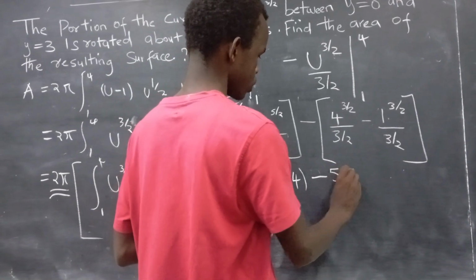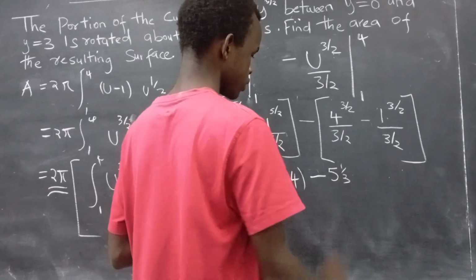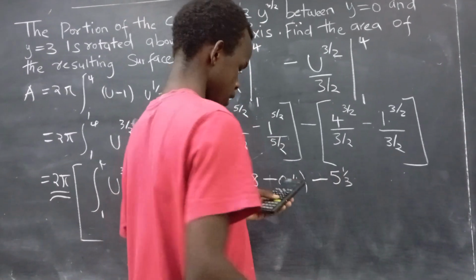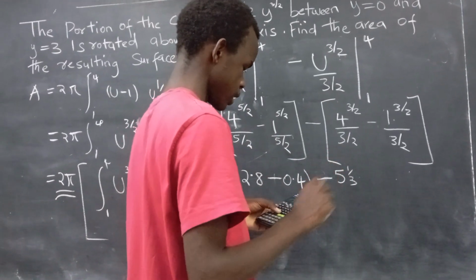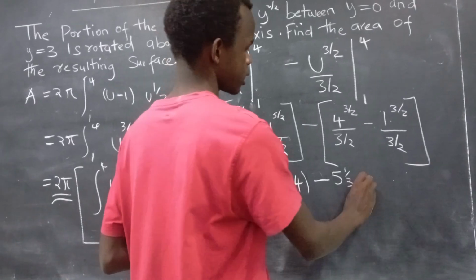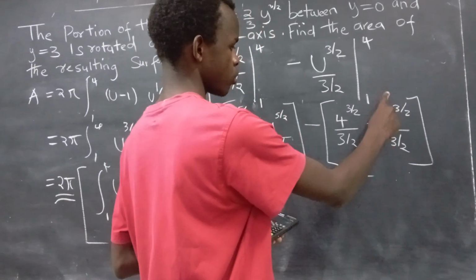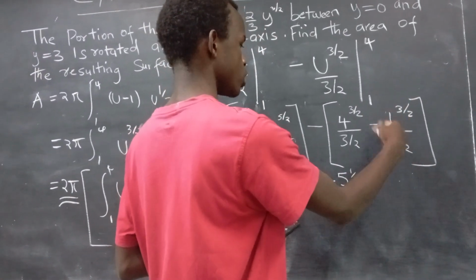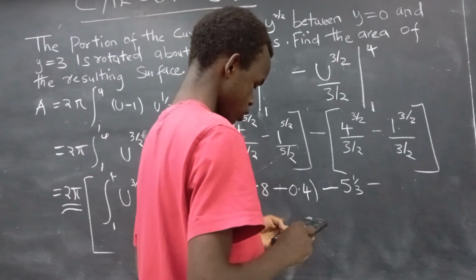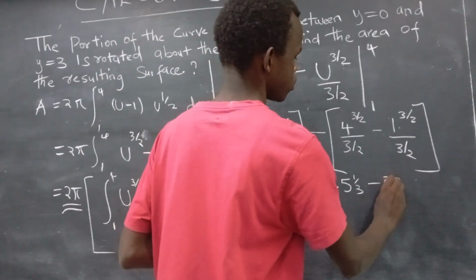Okay, in integration usually write the fraction because of errors. So just 5 minus, this is just 1, it will be 2 over 3, so it's my minus 2 over 3.